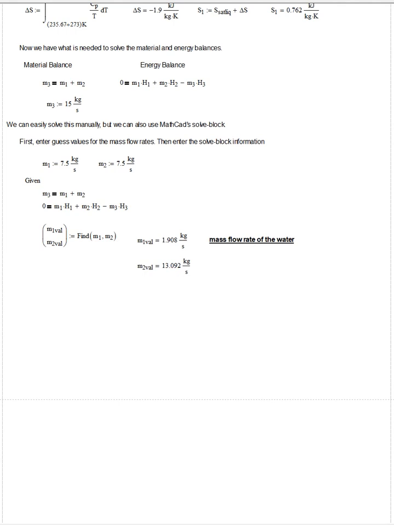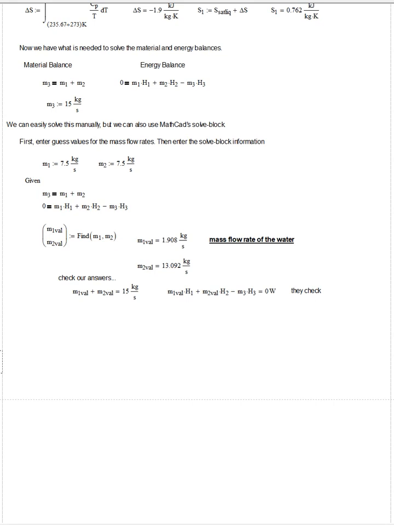You can eyeball that and see that they check, but it's always good to check your work. So we set up a little equation. Yep, 15 kilograms per second. We also copied and pasted our energy balance equation, let it plug the numbers in, and we got 0 watts. That's what we should have gotten, so that checks.